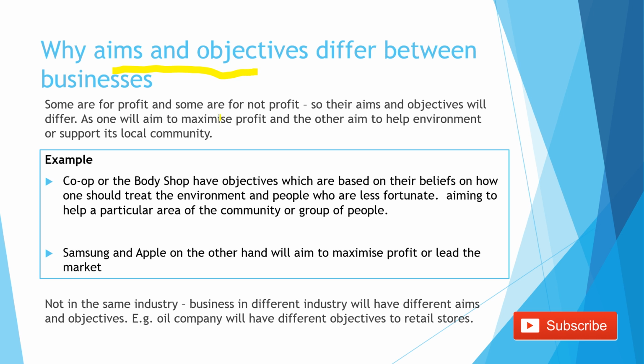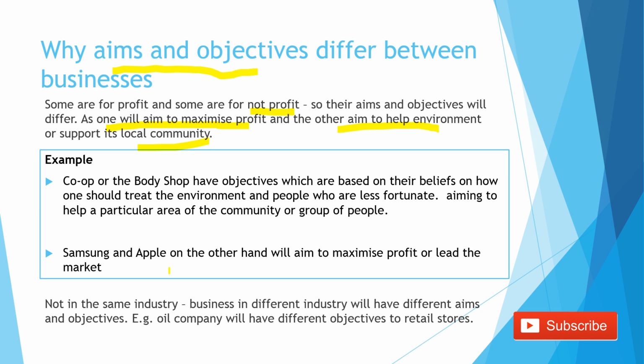If a business is for profit, they will aim to maximize profit, and if a business is not for profit, they will aim to help the environment or support its local community. For example, like I said earlier, Co-op or The Body Shop have objectives based on their beliefs on how one should treat the environment and people who are less fortunate, aiming to help a particular area of the community or a group of people.